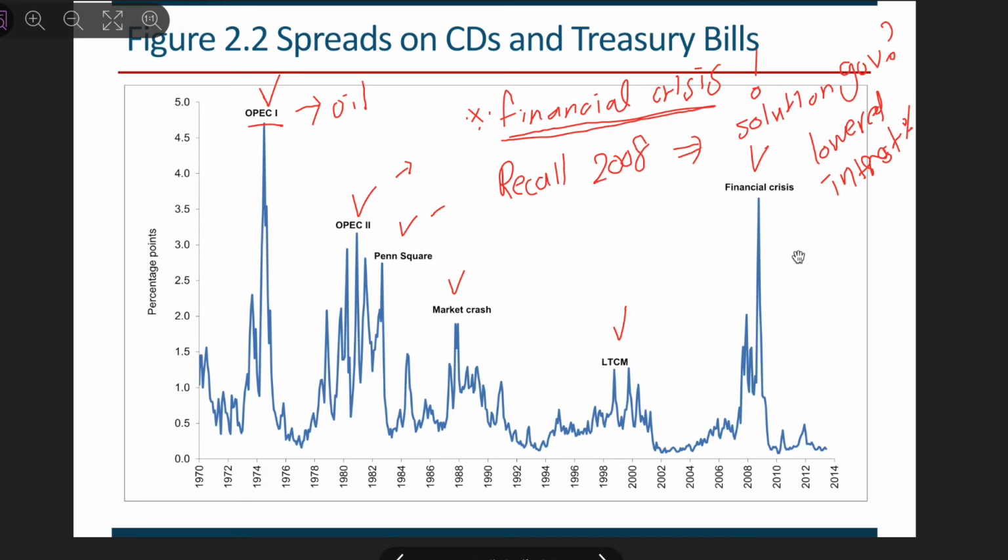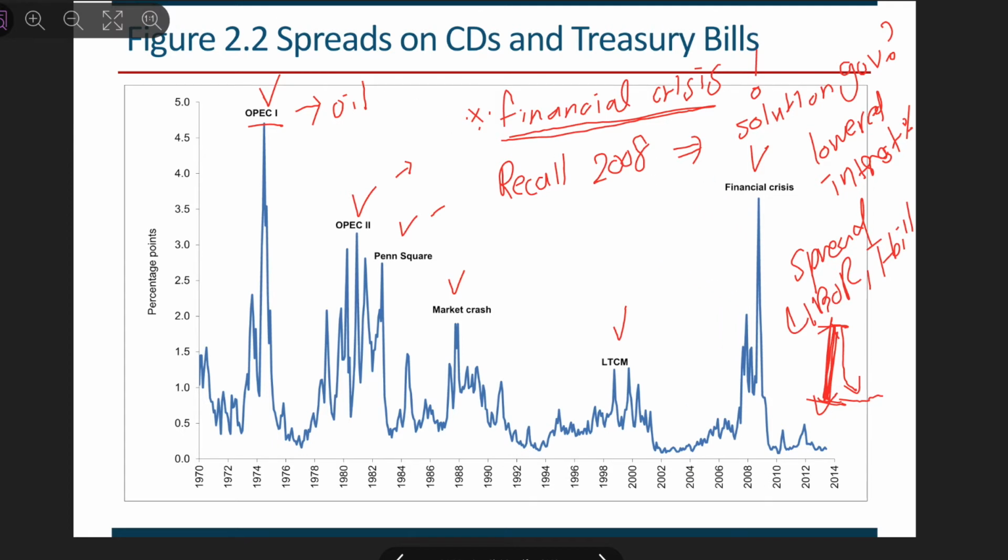So we saw the spread between LIBOR and T-bill widened for a while, and then it came back to consolidate. We saw that spread in the previous chapter, and we're seeing the same concept again.